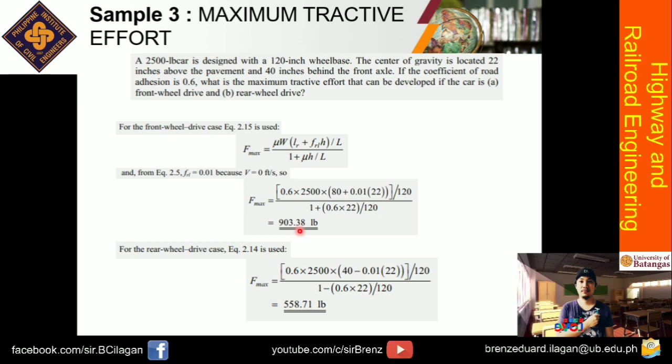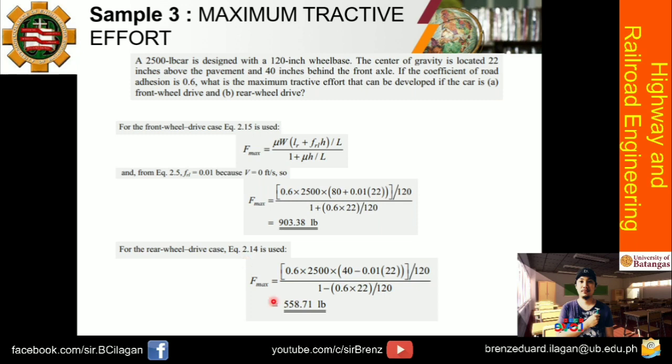And for the rear-wheel drive case, we will use equation 2.14. The equation will be F sub max equals 0.6 times 2,500, quantity of 40 minus 0.01 times 22 over 120, over 1 minus 0.6 times 22 over 1.